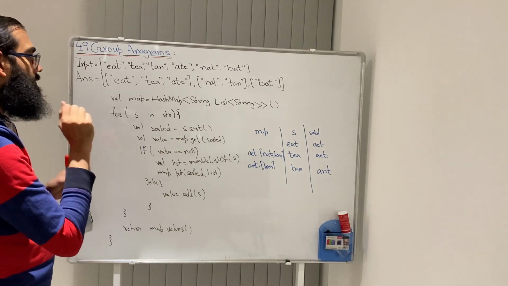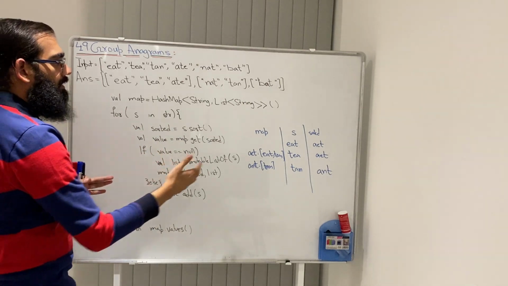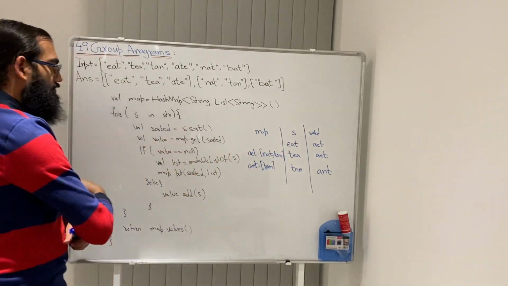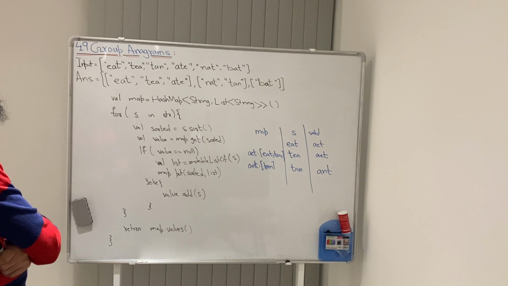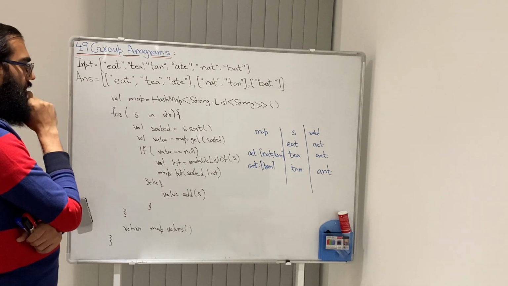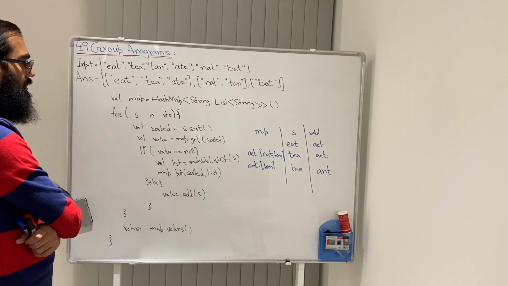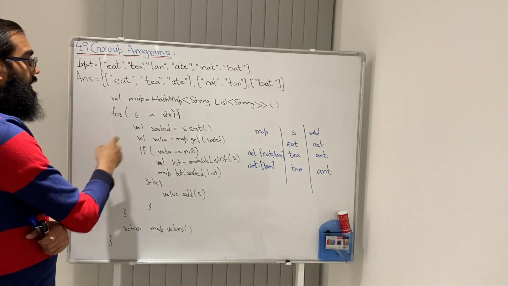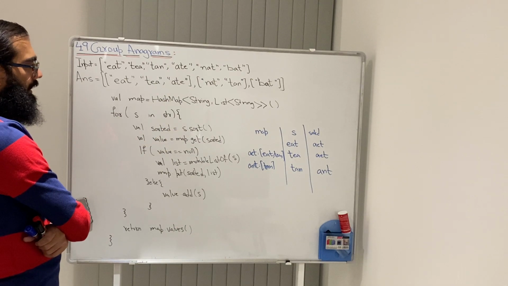I'm saying the map's key is always the same sorted value, and then I will put the values. And what will be the time and space complexity in this case? So this will be n, then this will be m log n.